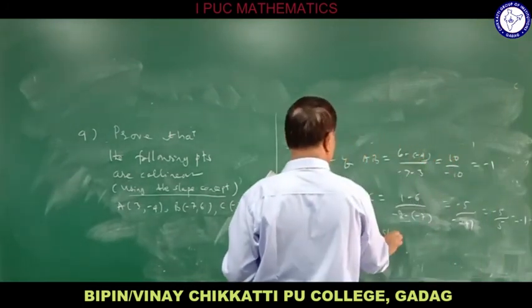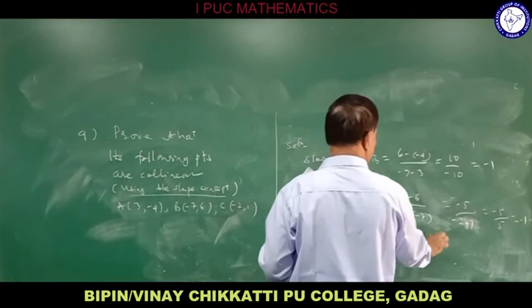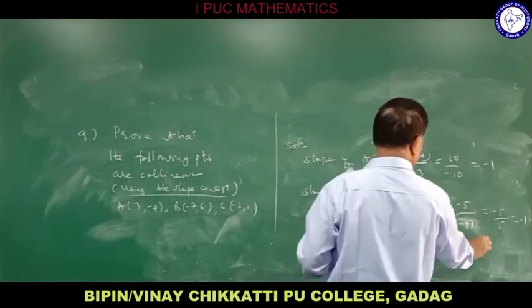Yes, therefore the slope of AB is equal to the slope of BC.